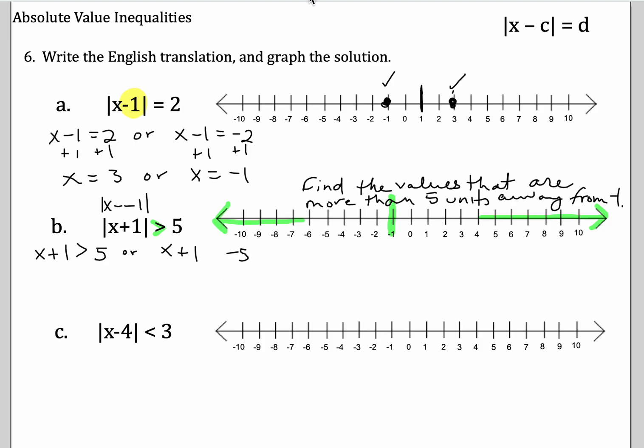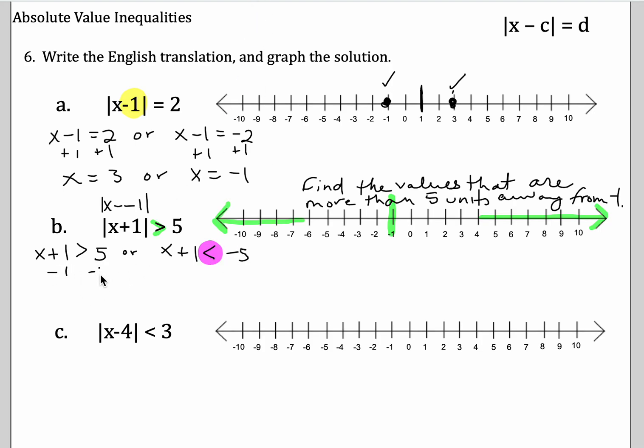But remember that inequality signs do something weird in the negative case. When we multiply an inequality by a negative, we flip that sign over. So for the negative case, that sign is going to flip sideways. So that means that we're going to have the quantity x plus 1 is greater than 5, or x plus 1 is less than -5.